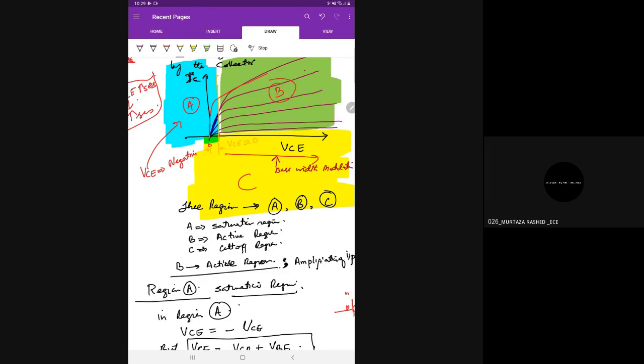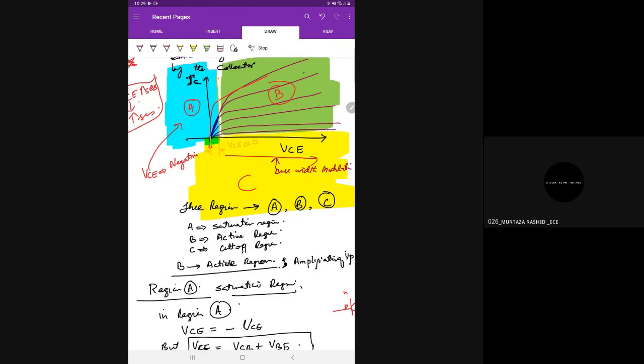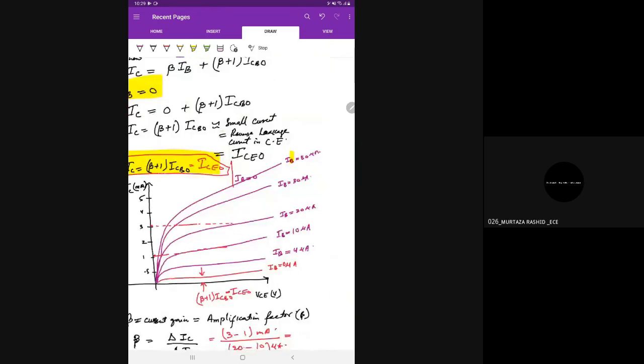So the shape of these curves also varies from BJT to BJT, but more or less they are like that. They have a slope, and they are quite distinguished at different base currents, like the base currents I have drawn above. If we look at this curve, the region towards the left of this yellow line is the saturation region.